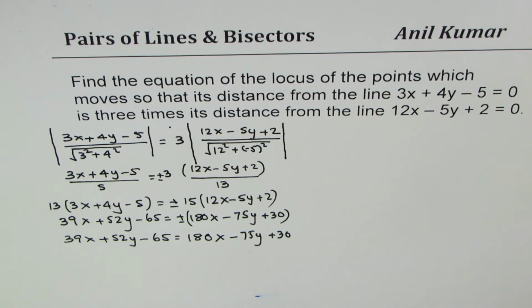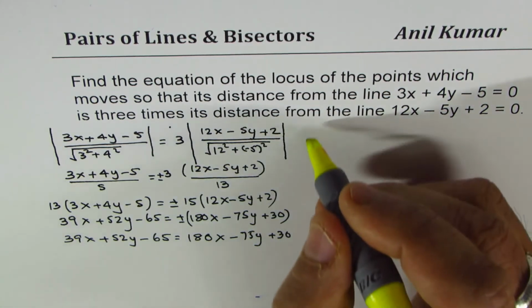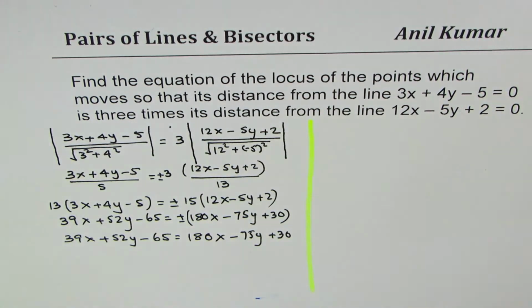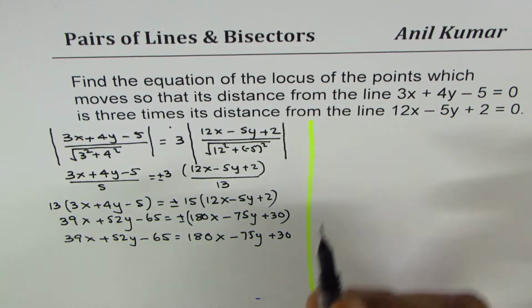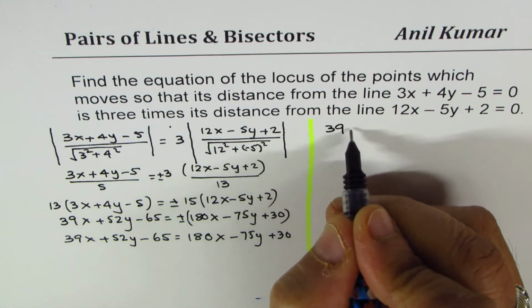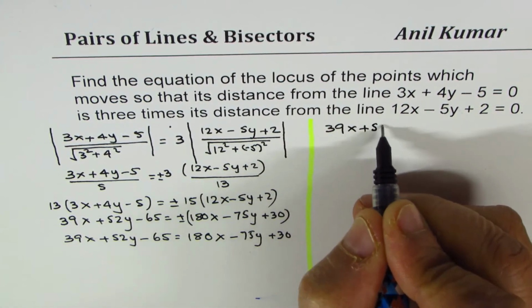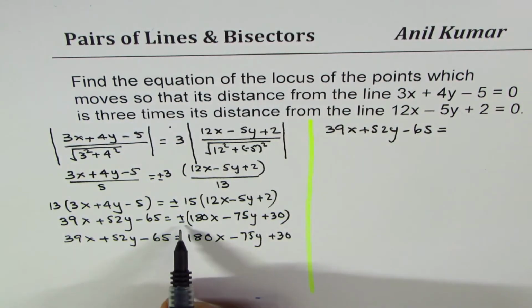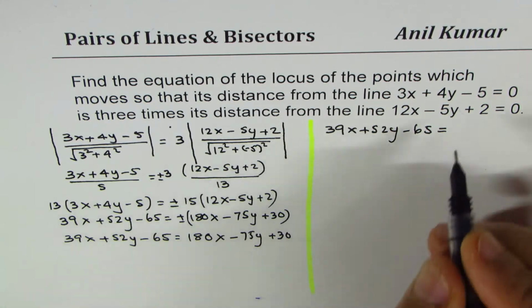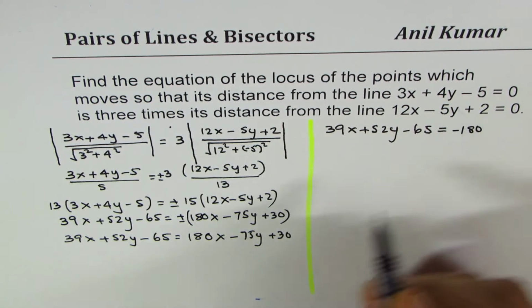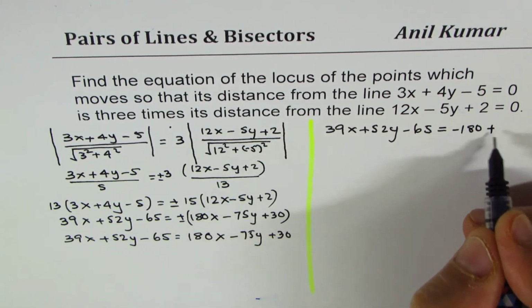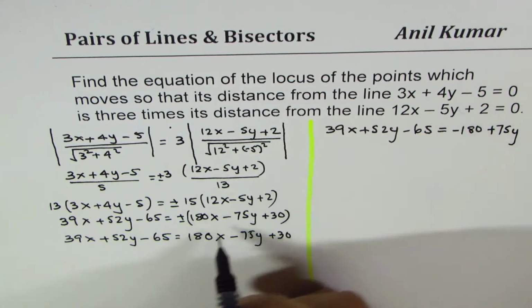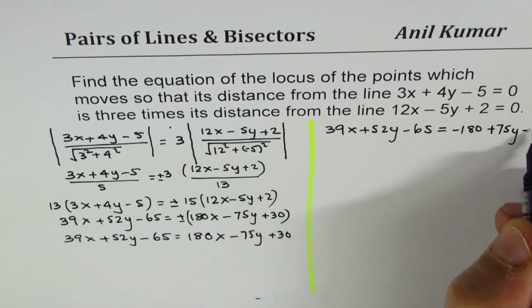And the other equation, I'll write on the right side. I'll write the other equation as 39x plus 52y minus 65 equals, with the negative sign, so all signs will change inside, minus 180x, that becomes plus 75y, and then this becomes minus 30.